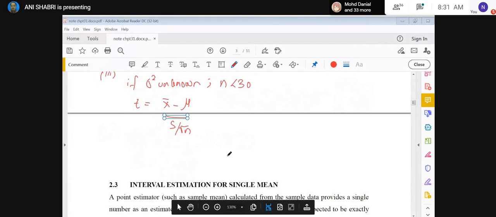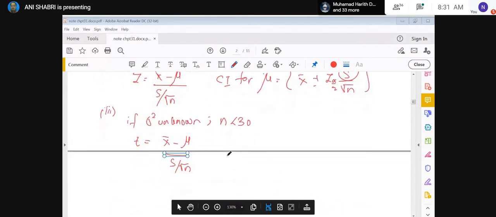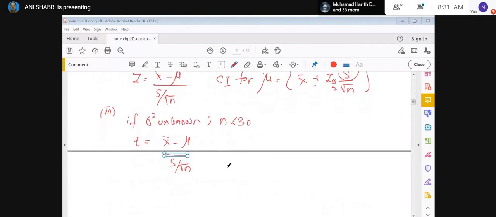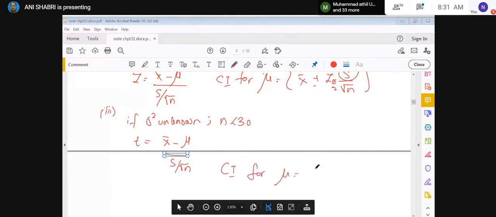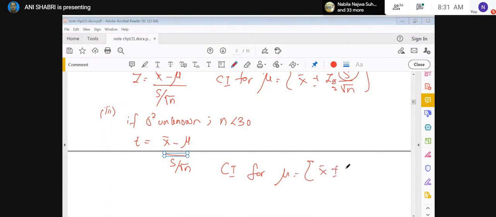From here we can get the formula for the CI for mu. The formula is the same, S bar plus or minus, but with T, we must use T alpha divided by 2 times S divided by square root n.